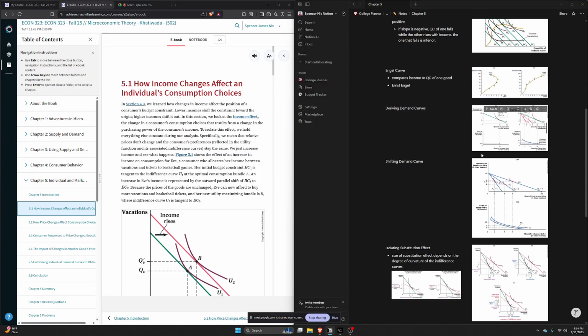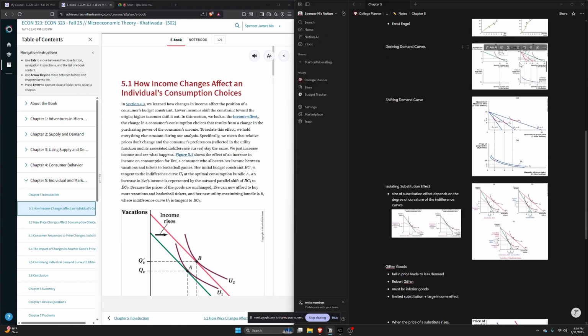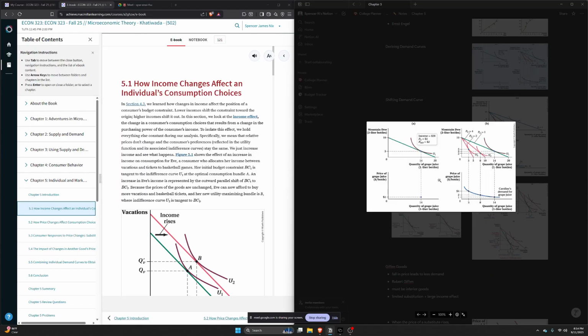Okay, demand curves. It's the same graph from chapter 4 with the budget constraint and the utility graph. And then again, you change the price of one item basically. So this would be the price increasing.